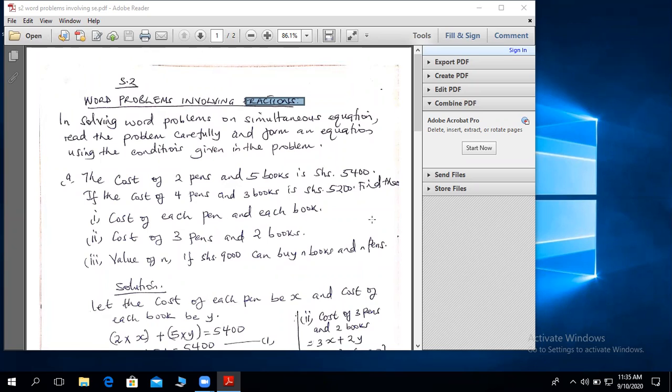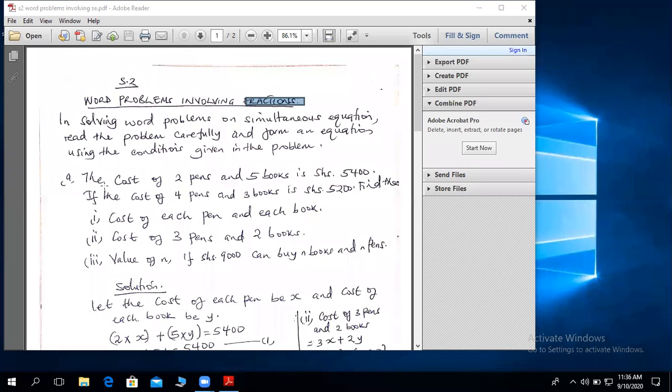This question requires someone to first read the question very many times and understand it. Those who have just joined us, we are saying the topic is word problems involving simultaneous equations, not fractions.